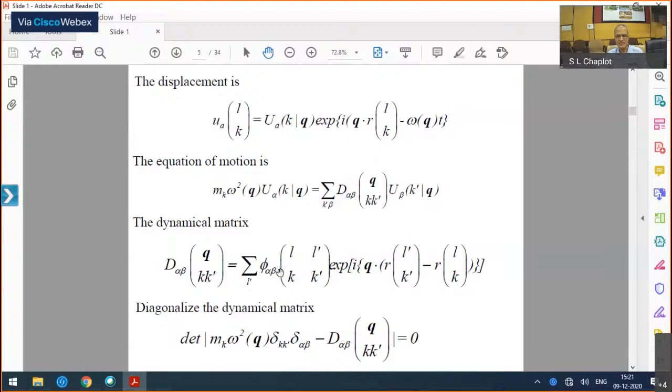When such a dynamical matrix can be written down, this is what one will require to calculate. Then if you diagonalize this dynamical matrix, you get the eigenvalues and eigenvectors, which correspond to the frequencies and these amplitude terms.